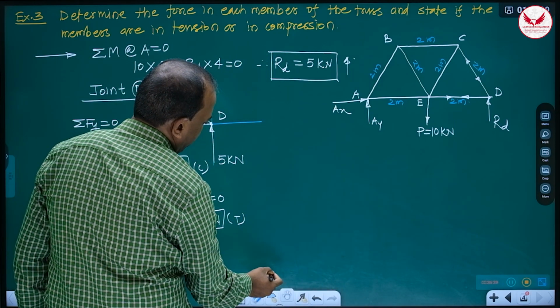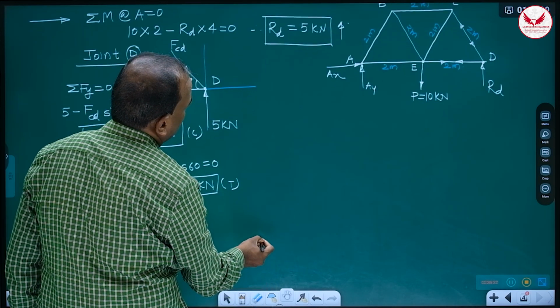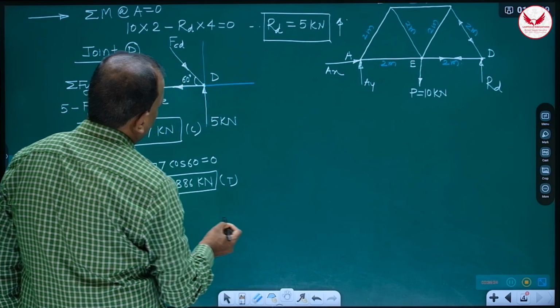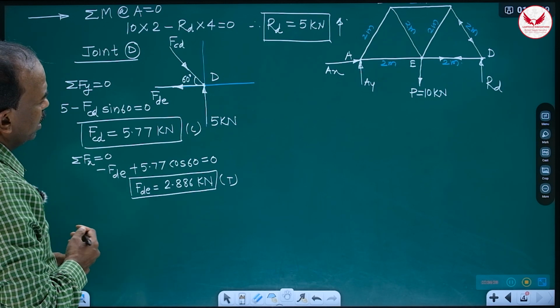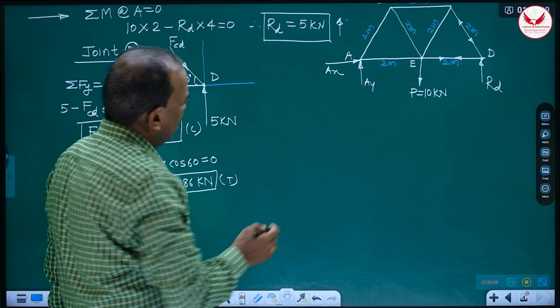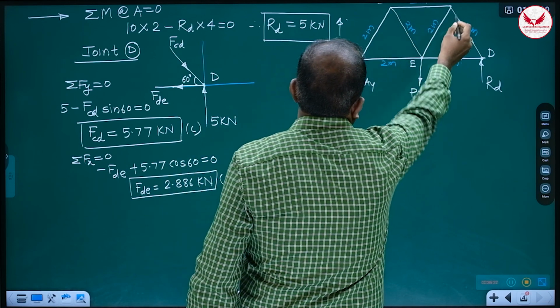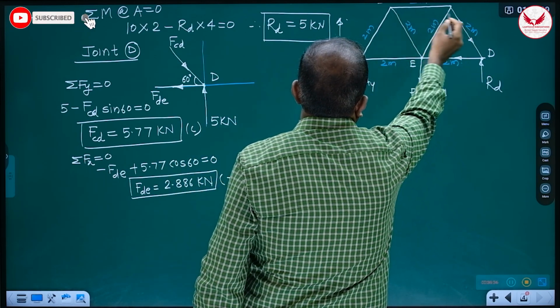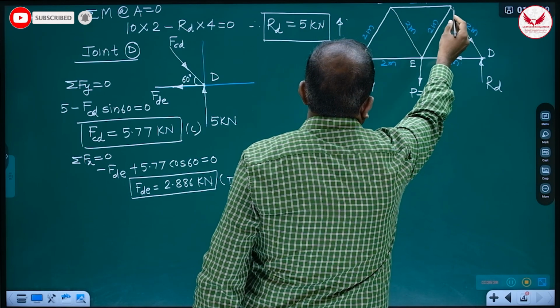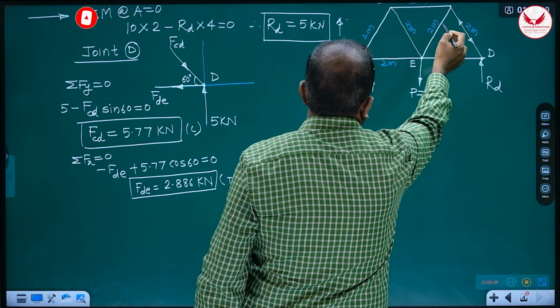Then now the next step is what? The next step, another joint we have to consider. Then which joint we should consider? It is A, B, C, D, E. So A, B, C, at C, two unknowns are there. This is unknown and this is unknown.